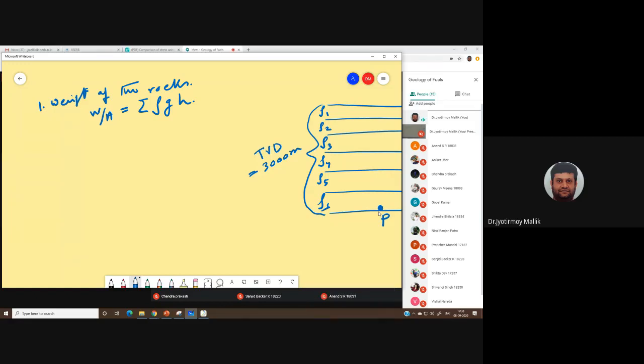Okay, integration of rho GH, that will give me the weight of the rock acting at a point. You agree with me? And this is specifically what we call SV, or vertical stress.